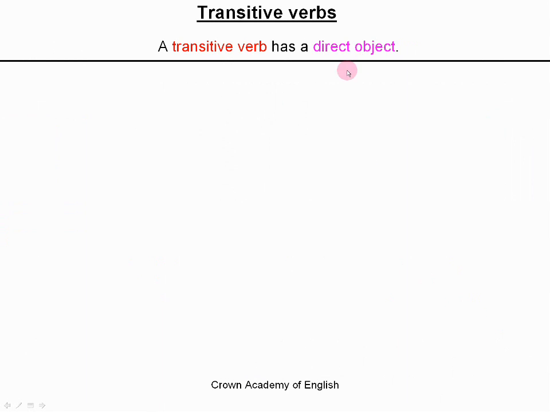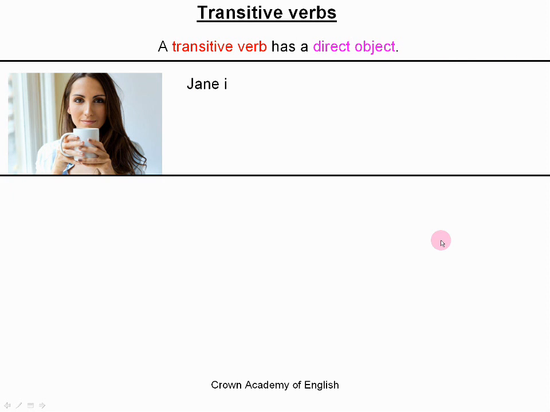Transitive verbs. So as we have already seen, the definition is that a transitive verb has a direct object. Example, Jane is drinking a cup of coffee. So Jane is drinking what? Well, the answer is a cup of coffee.